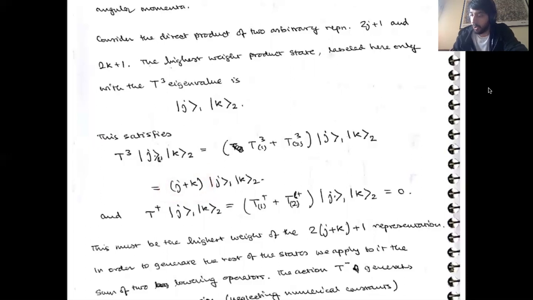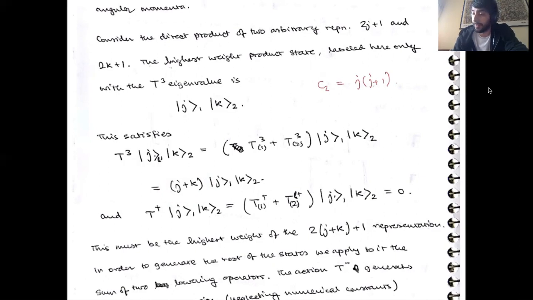As we saw, the total angular momentum, if you call it J, gives C2 as J into J plus 1. So if there's a J representation, this particular eigenvalue is going to be J into J plus 1.